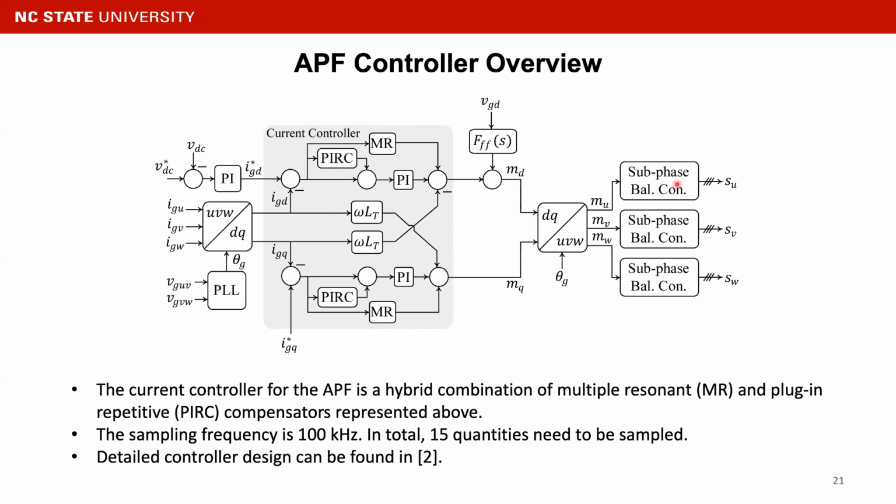Moreover, we have the subphase balancing control after this main current control, since we have the interleaving topology. The sampling frequency for the whole control system is 100 kilohertz. And as you can see, in total, we have 15 quantities needed to be sampled at this high frequency. For more details of the controller design, you can refer to our published paper here.